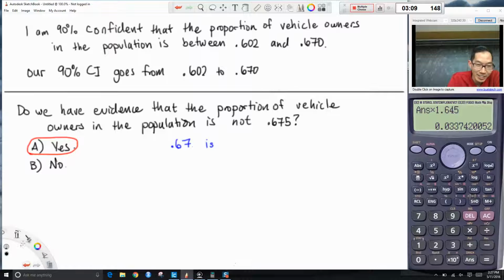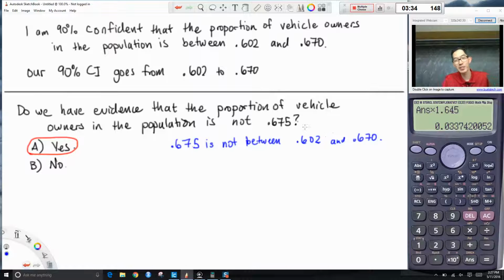Okay, all right. So do we have evidence that the proportion of vehicle owners is not 0.675? We look at this and we say, well, 0.675 is not inside our interval. It's not between 0.602 and 0.670. I'm so sorry. You guys were debating, like it's on the edge and things like that.